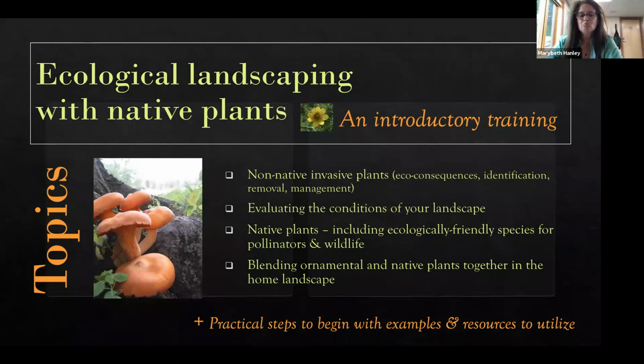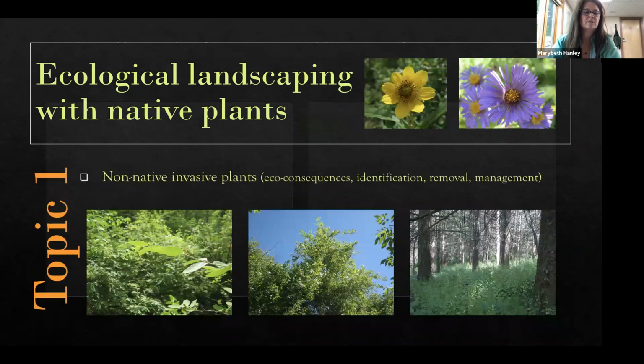Then I'm going to explain some practical steps and give you examples with resources as to how you would go about doing this in your own private landscape: removing the invasives, evaluating the conditions of your landscape, and introducing native plants, including ones that are attractive to pollinators and wildlife. And the last thing I'll talk about is the aesthetics of blending ornamental and native plants together in the home landscape.